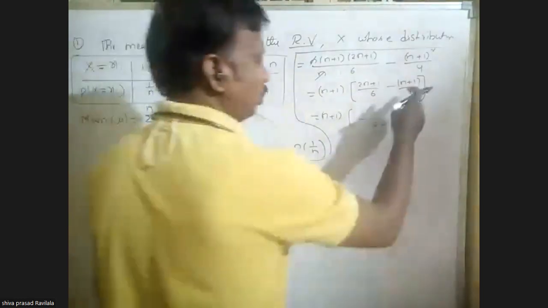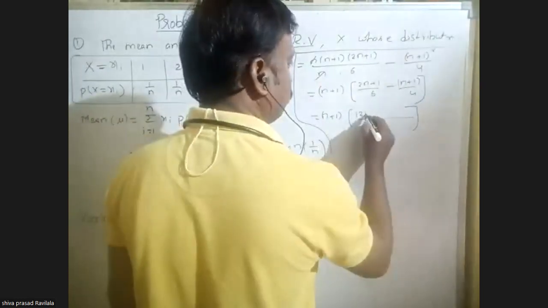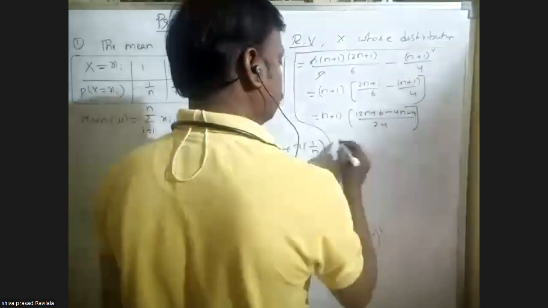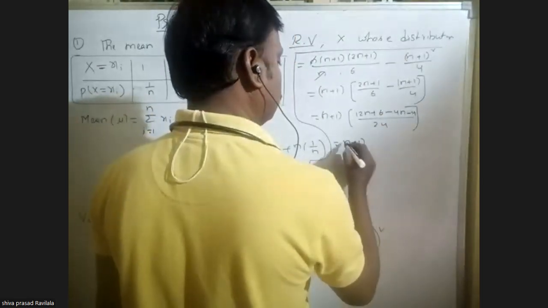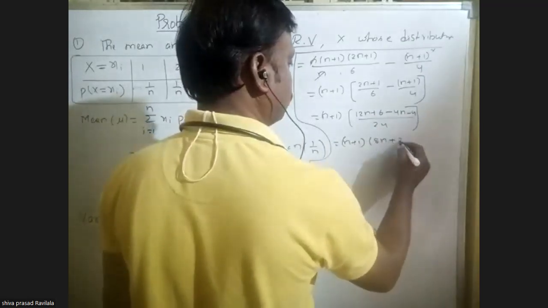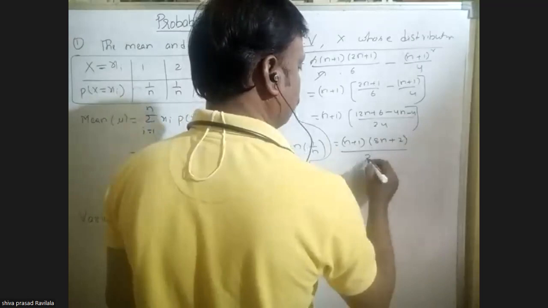Any doubt, students? 4 6s are 24, 6 2s are 12N plus 6 minus 4N minus 4. That is N plus 1 into 12 minus 4, 8N, 6 minus 4 plus 2 by 24.